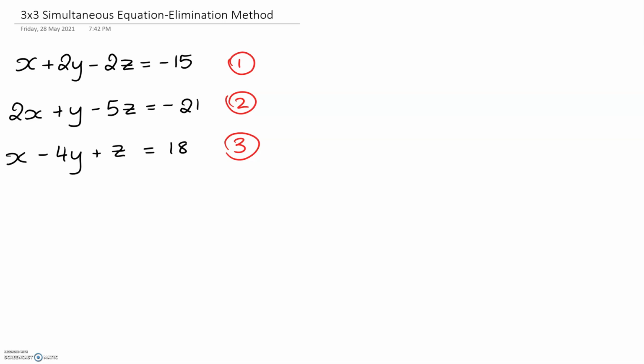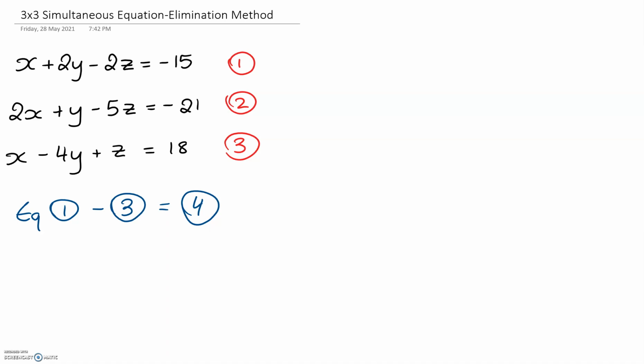So I'll get rid of the x from equation 3 first. I'll write down equation 1, and we're going to subtract equation 3 from it, and make this equal to a new equation, equation 4. So if we subtract, we've got x minus x.